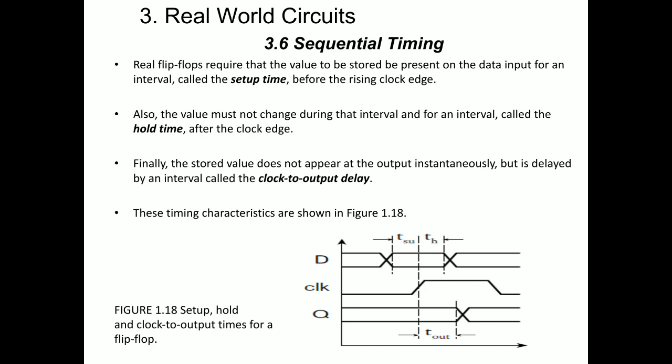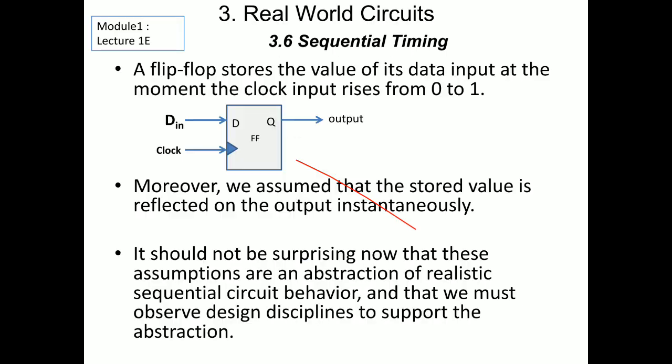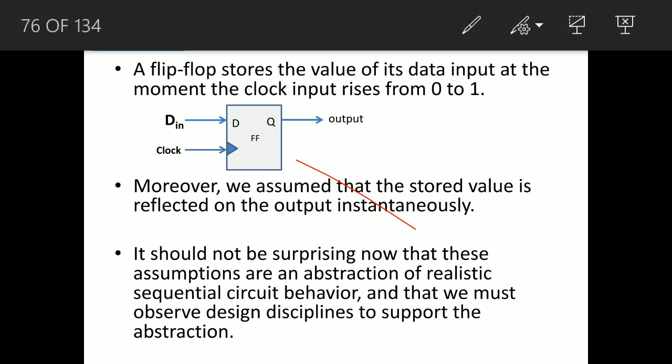We will be introduced to a few terms: setup time, hold time, and clock to Q delay. Clock to Q delay is nothing but the time traveling from the clock pin to the output pin.